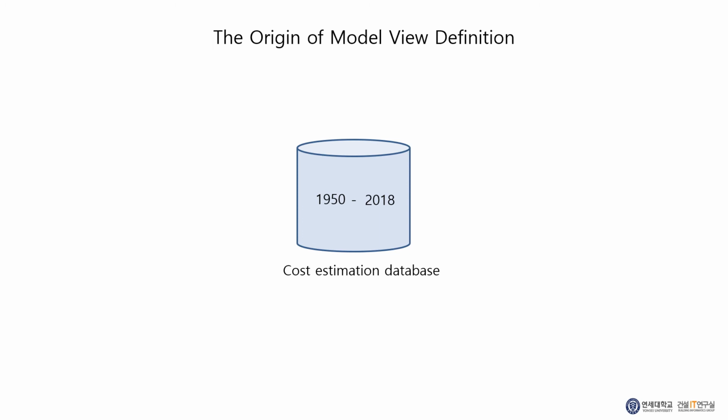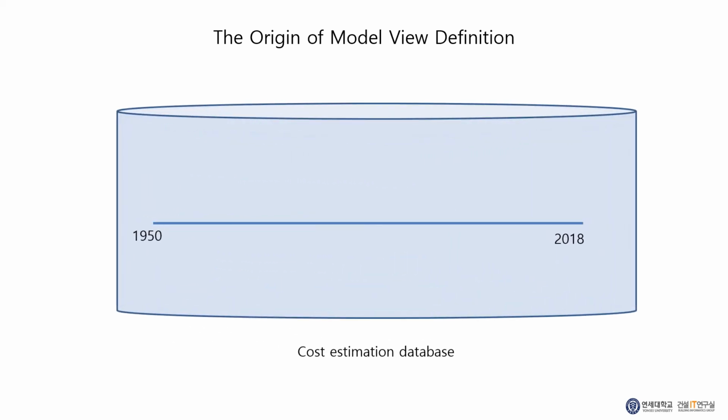The term model view definition, or model view, came from the data modeling community. Let me give you an example. Let's say that we have a cost estimation database from 1950 to 2018. We can take a look at the entire data set, but let's say that we are only interested in the data set in 1996.